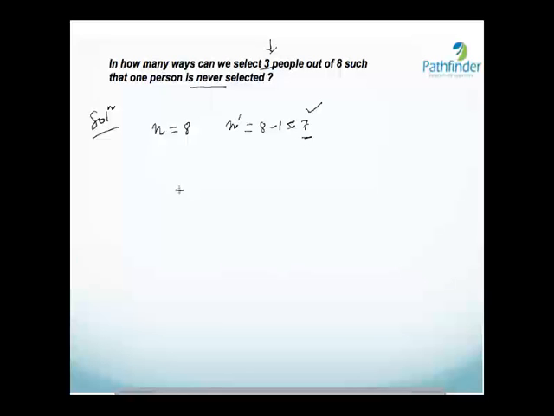So in how many ways can we select 3 people out of 7 people? 7C3, which is nothing but factorial 7 upon factorial 3 into factorial 4, which is equal to 35.